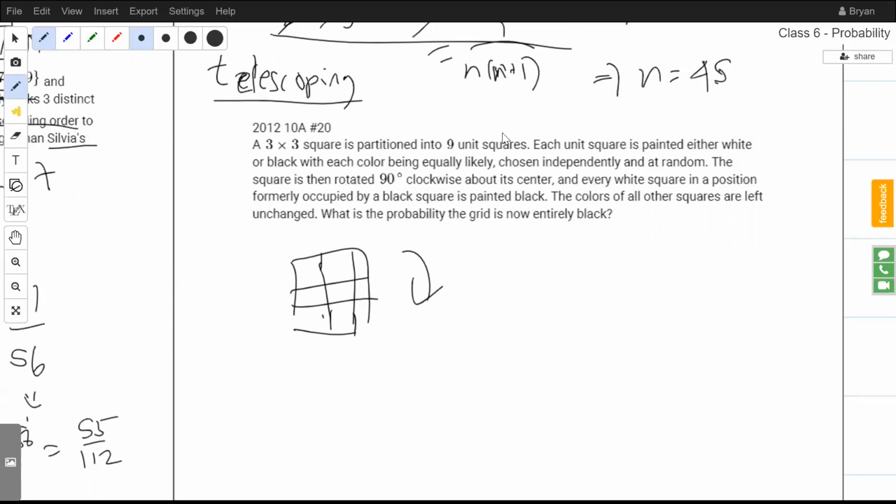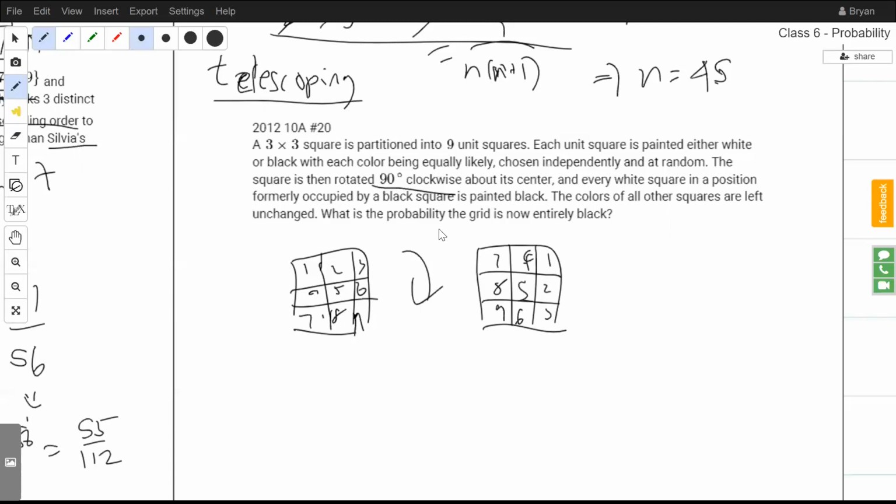First you want to figure out what this 90-degree rotation means. That simply means that if we label these 1, 2, 3, 4, 5, 6, 7, 8, 9, then we're just going to be left with something that looks like this, where the 5 stays here at least.